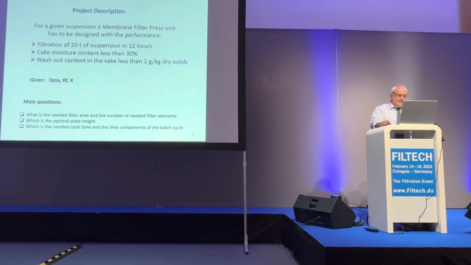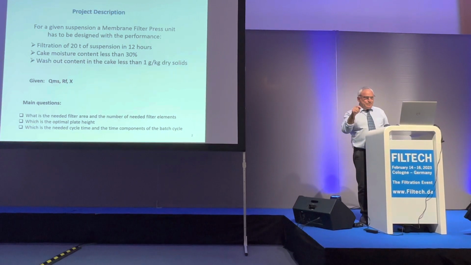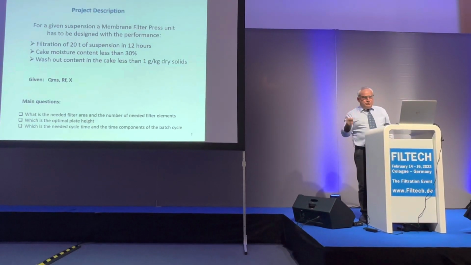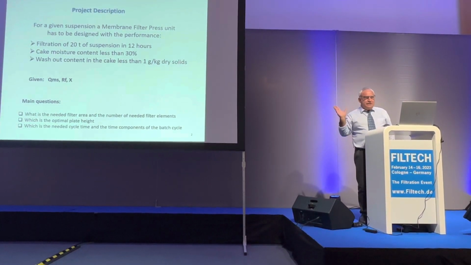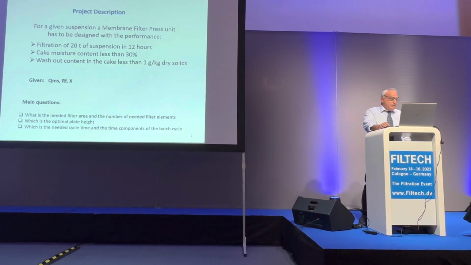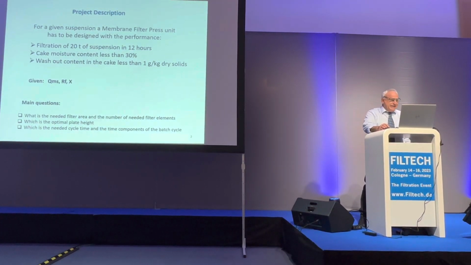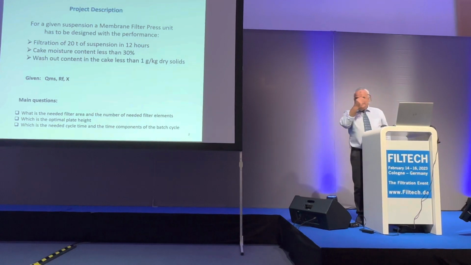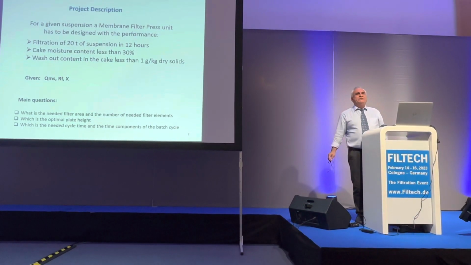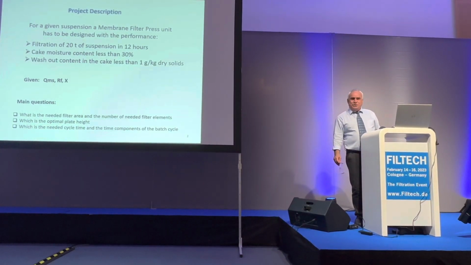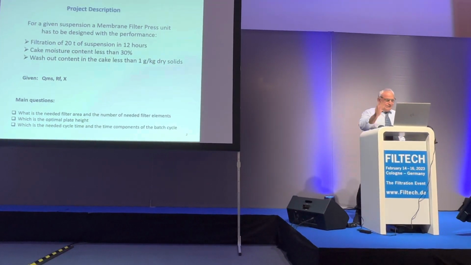And these are the three main result parameters. Solid throughput, kilogram per hour dry solids, the moisture content of the discharge cake, and the washout content in gram impurity, for example, per kilogram dry solids. That is a typical unit.